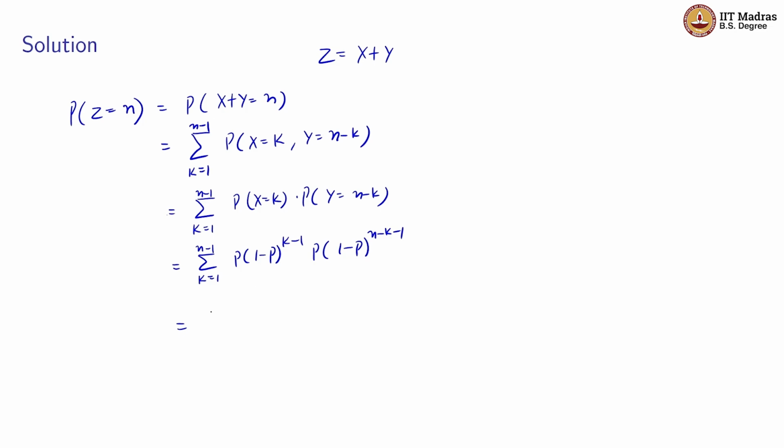So this will be equal to p square into 1 minus p raised to the power n minus 2, and inside summation we'll have 1. So on further simplification, this will be equal to n minus 1 p square 1 minus p raised to the power n minus 2.